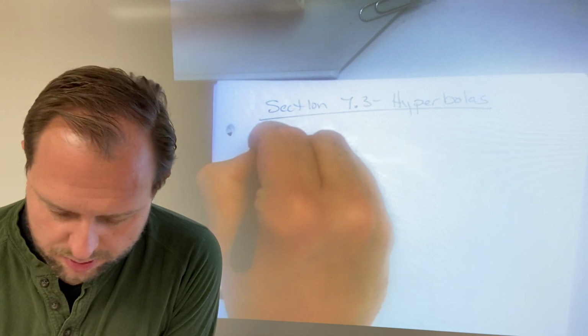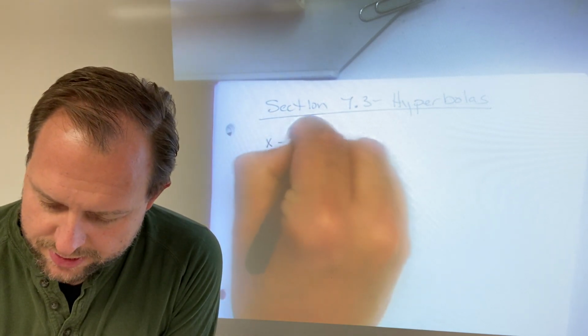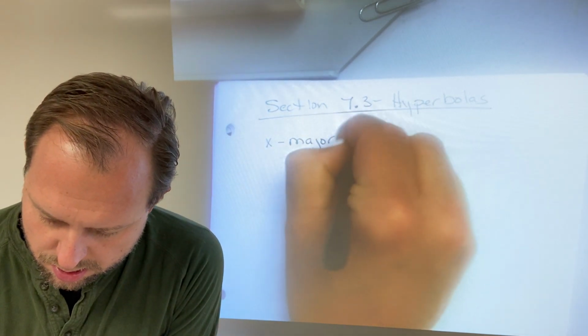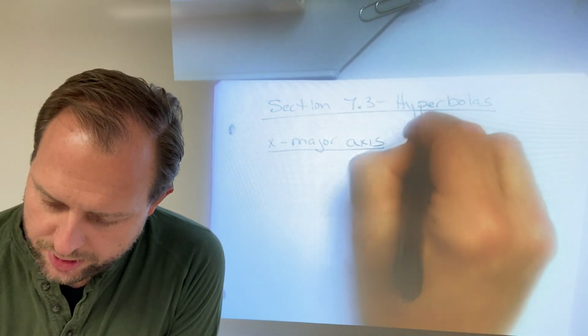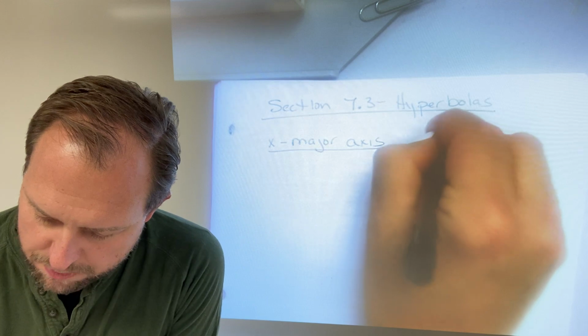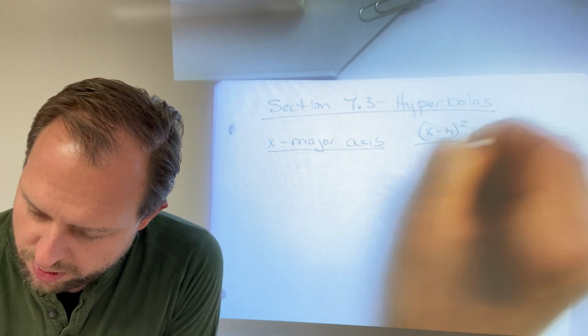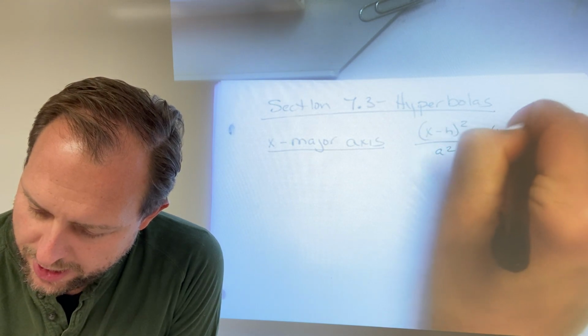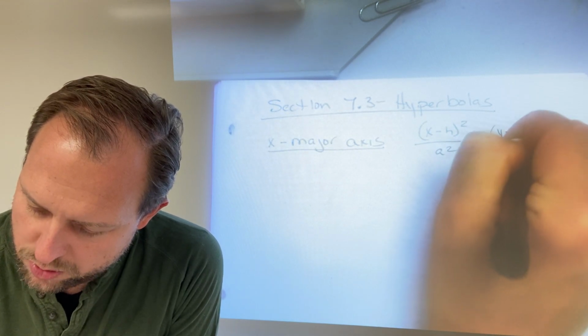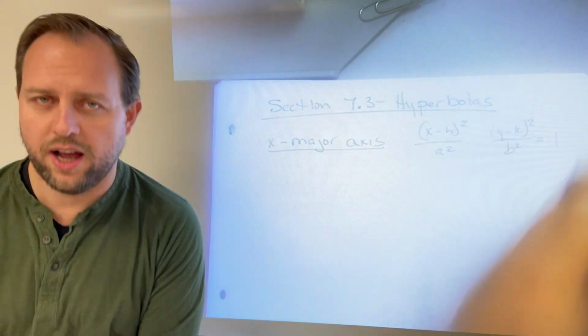And so I'm going to look at x as the major axis. And when I do, the equation is going to be x minus h quantity squared over a squared and y minus k quantity squared over b squared equals 1.